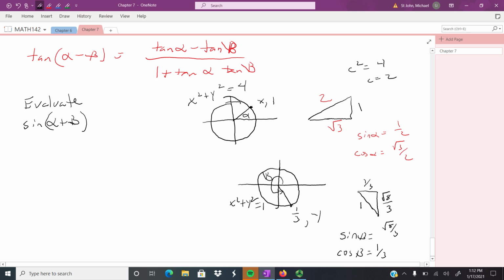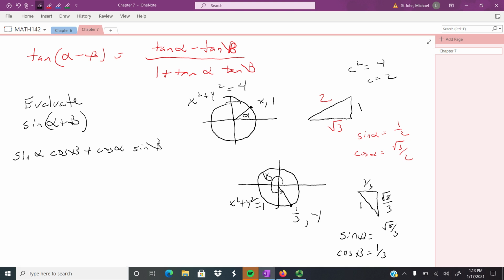So now that we know what everything is, let's see if we can do this. This is going to be sine alpha cosine beta plus cosine alpha sine of beta.